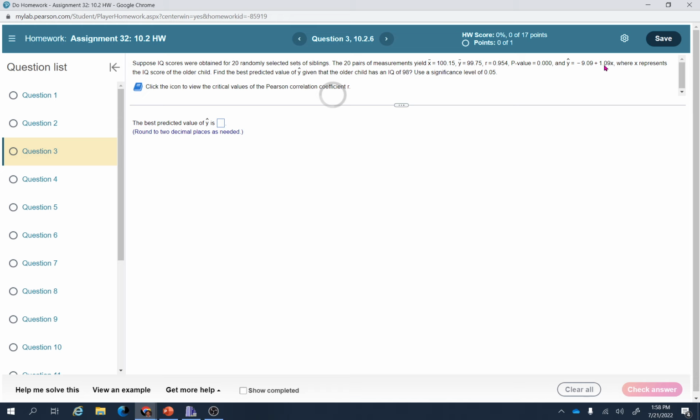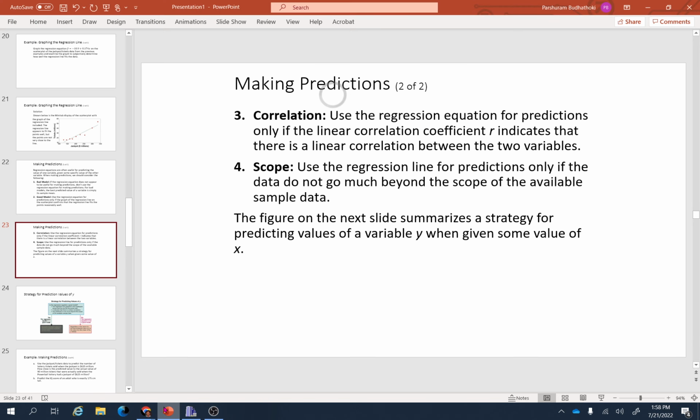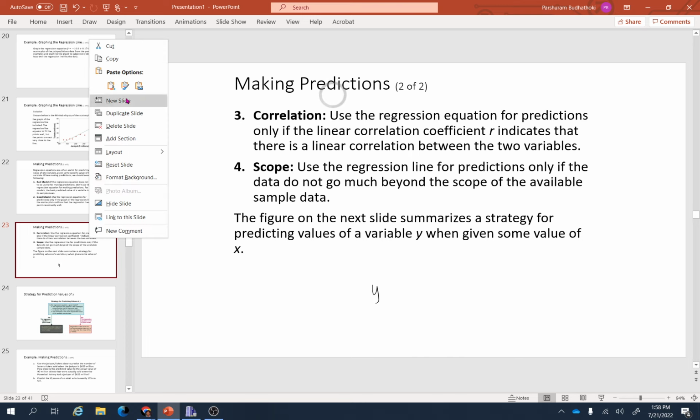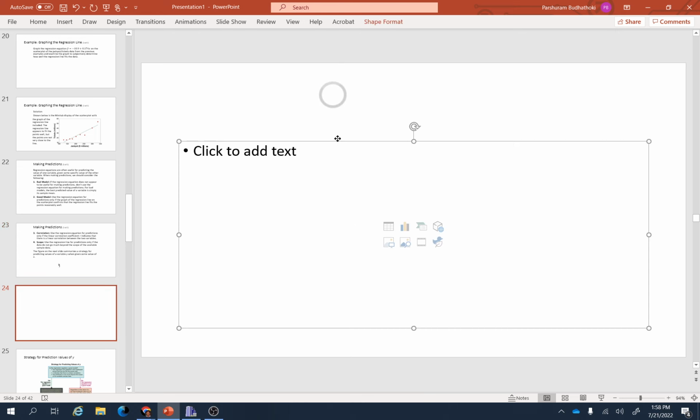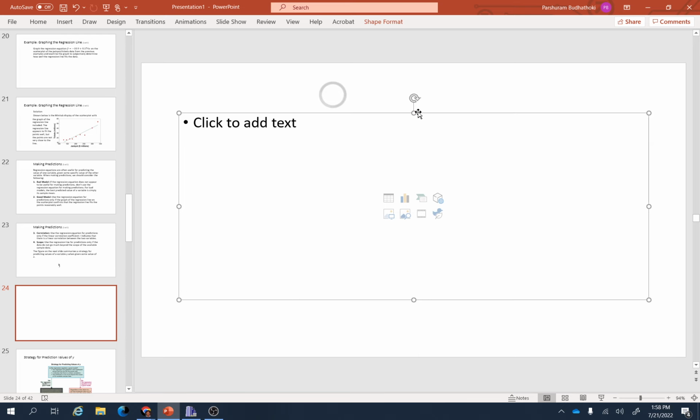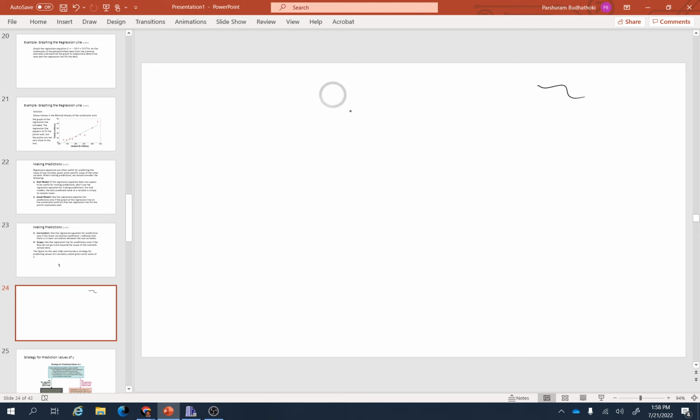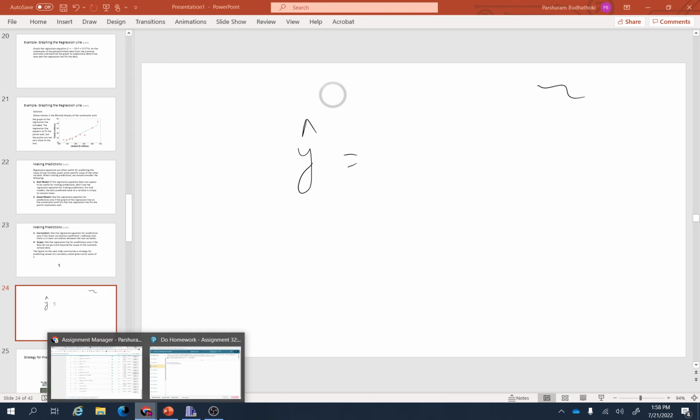So you just have to use the calculator with this value here. Let me use a new slide. So now, Y cap is equal to what is the value we have been given here?